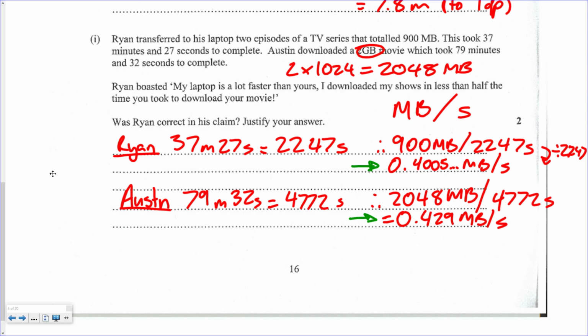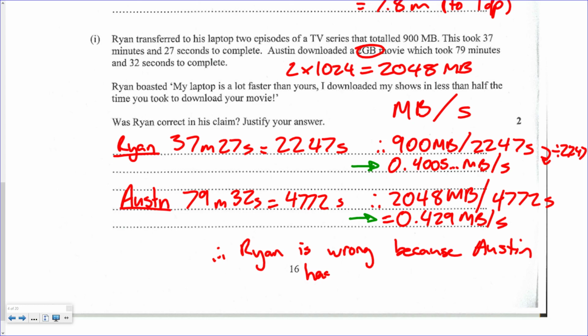So a conclusion statement can be: therefore, Ryan is wrong because Austin has a faster speed. Or something like that. If you have enough calculations there, it's fine as it is.